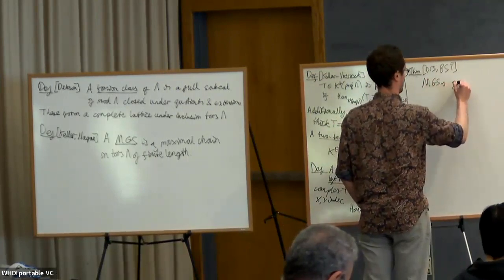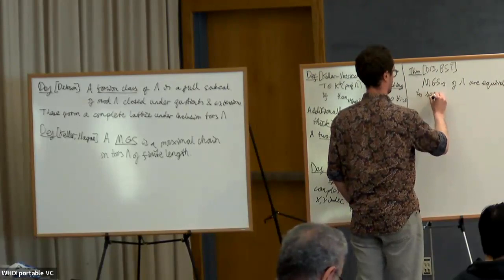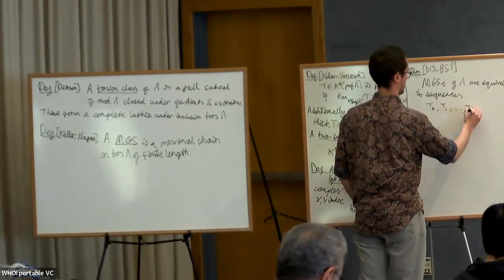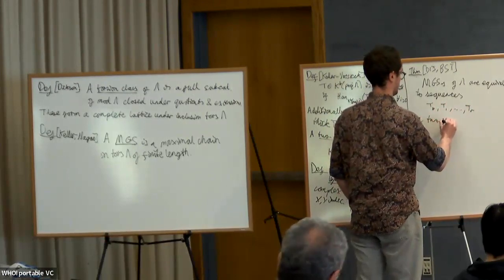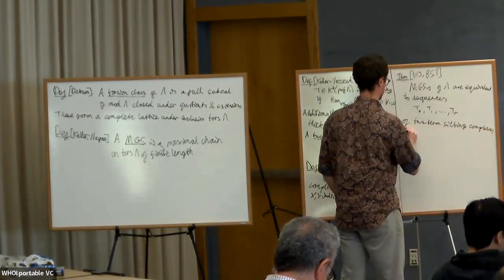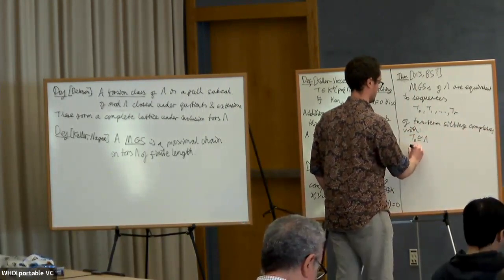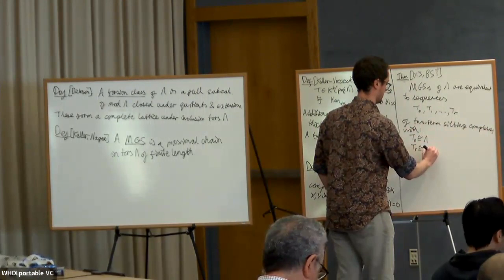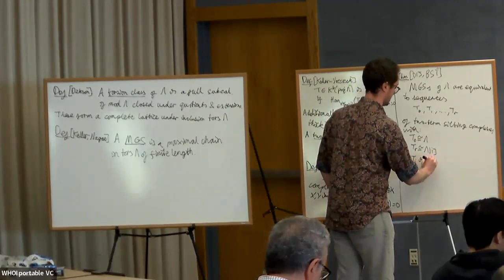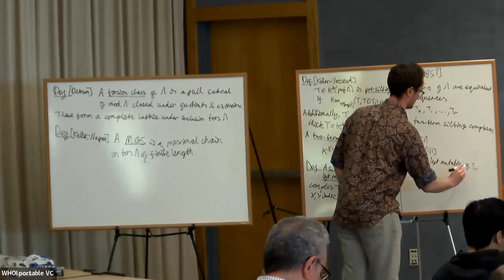Maximal green sequences of lambda are equivalent to sequences T0, T1, up to TR of two-term silting complexes, with T0 equal to the projectives, the last one equal to the projectives shifted by 1, and in the middle each Ti is a left mutation of Ti minus 1.